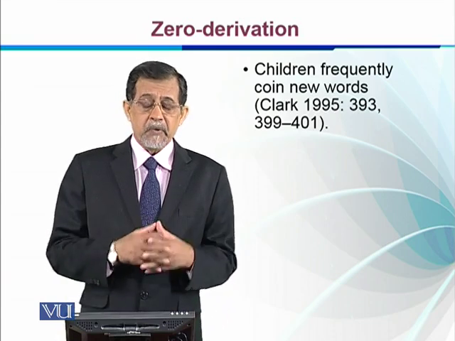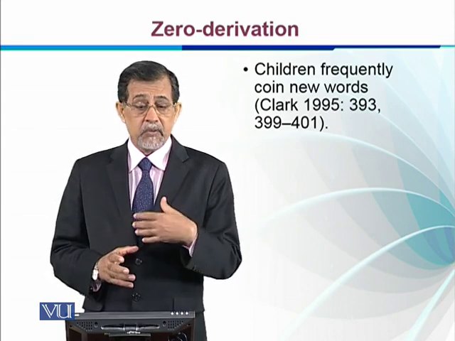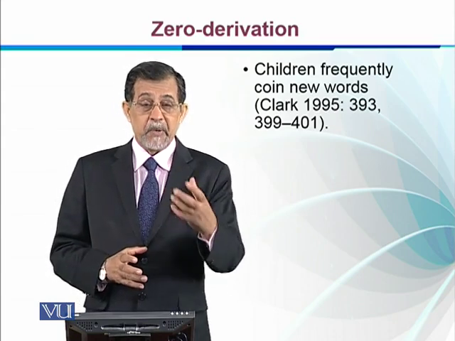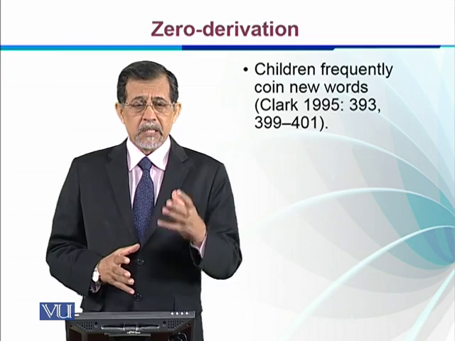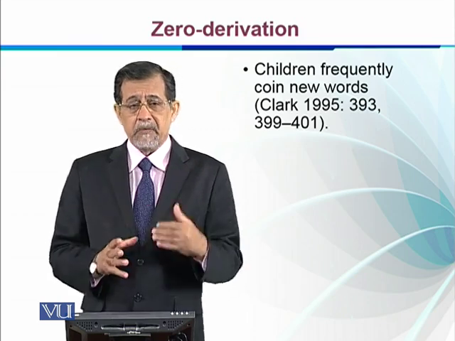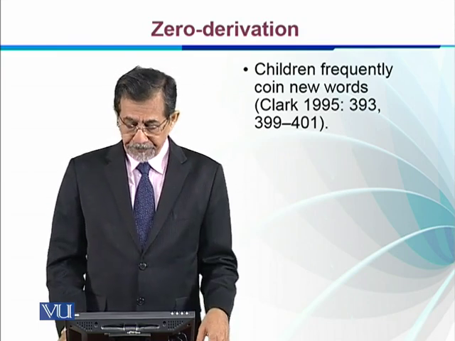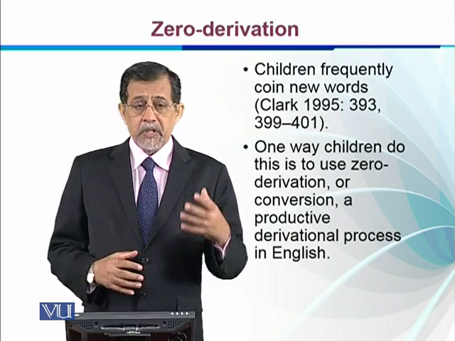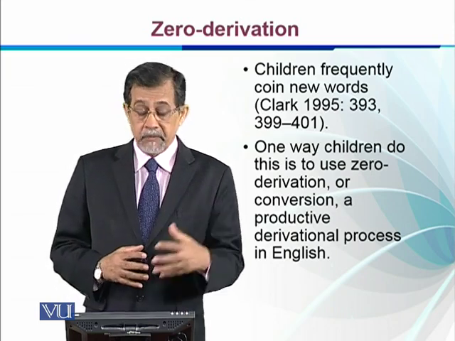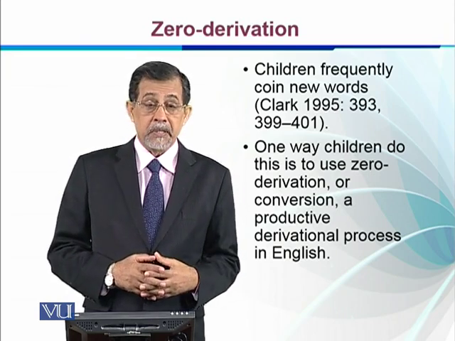Children frequently coin new words. They have a smaller vocabulary, but to use language in a productive and creative way, sometimes they coin new words or use language in such a creative way that is quite new. One way children do this is to use zero derivation or conversion, a productive derivational process in English.